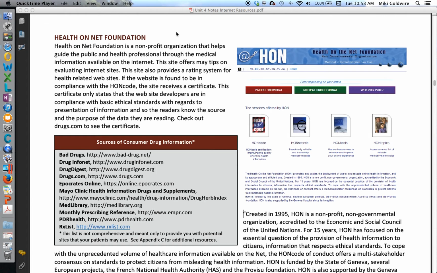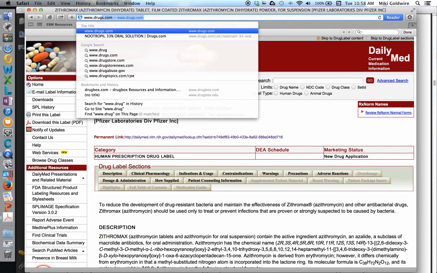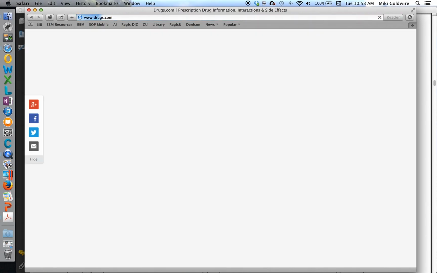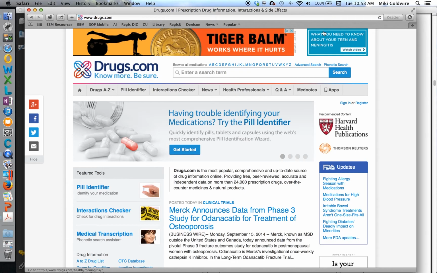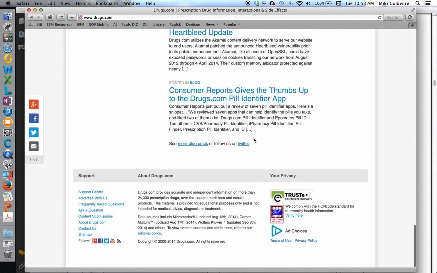So the example I would say to check out is drugs.com. If we go to drugs.com, and again, if you go to the bottom, you can see the HON Health on the Net certificate code here, stating that this website is in compliance with the HON code standard.